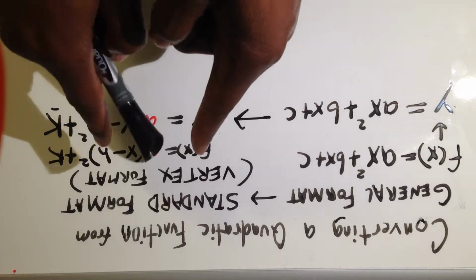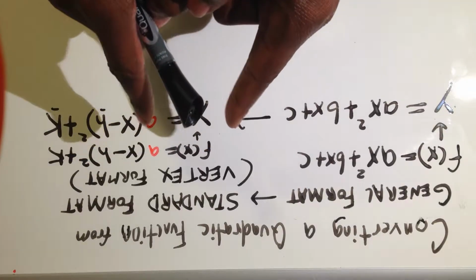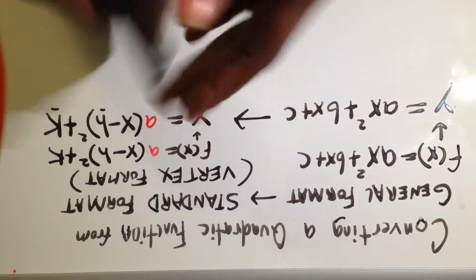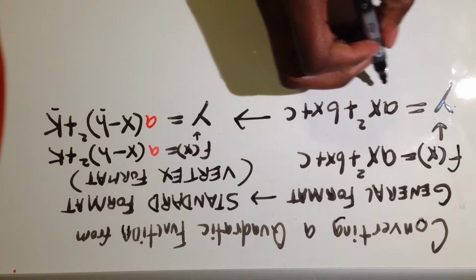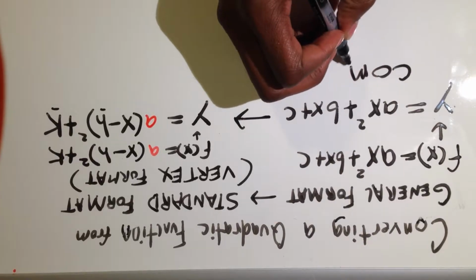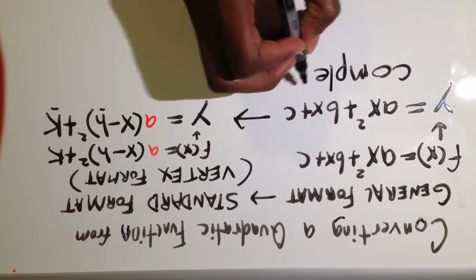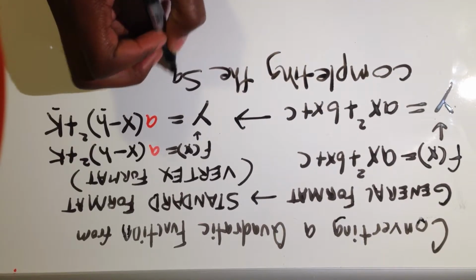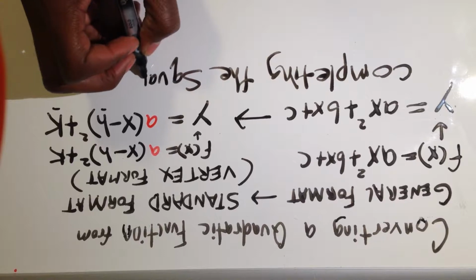To get to the vertex form, this process of converting from general form to vertex form is called completing the square. It's a weird name, but that's what it's called.